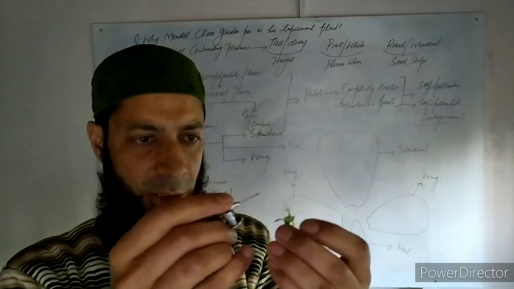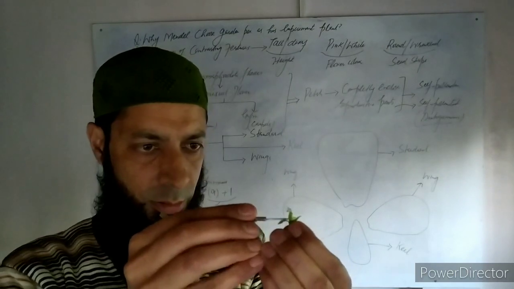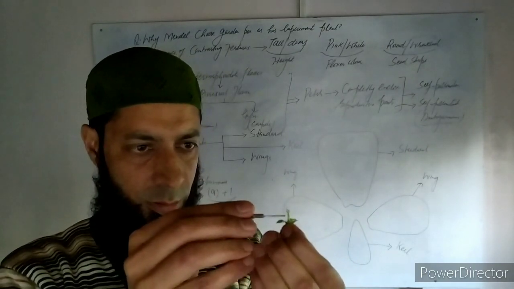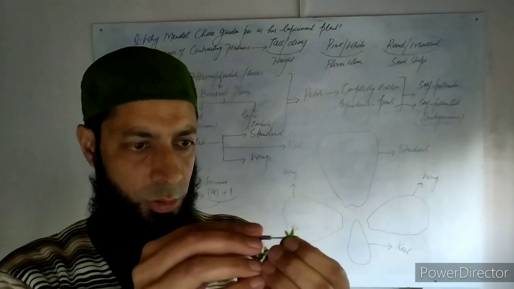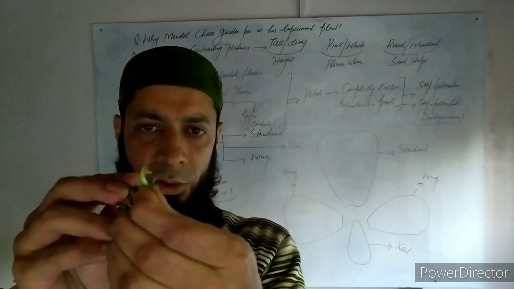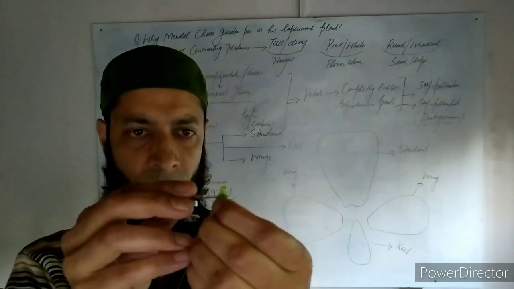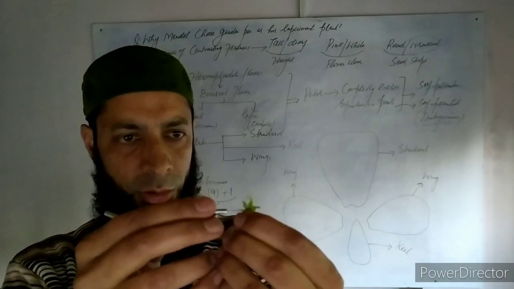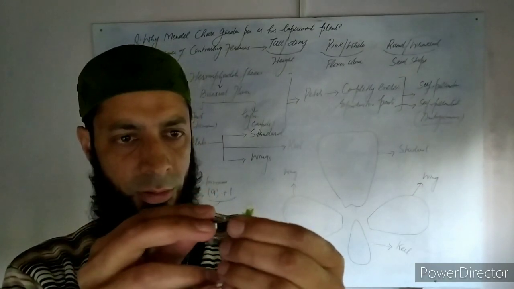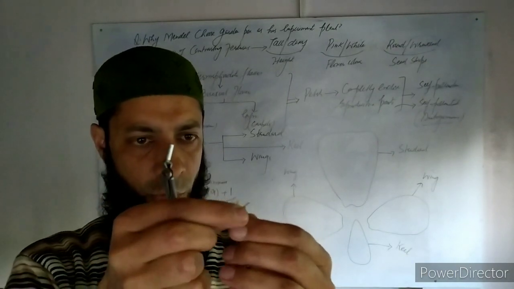I will show you like this. The stamens are in two groups. This is one stamen, a separate stamen, and these are another 9 stamens which form a single group like this. I will show you.